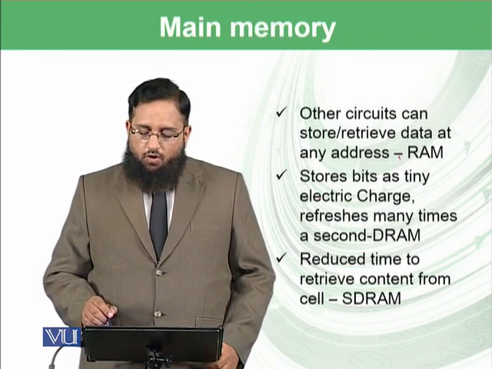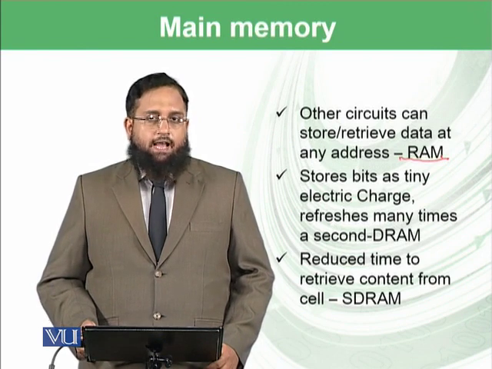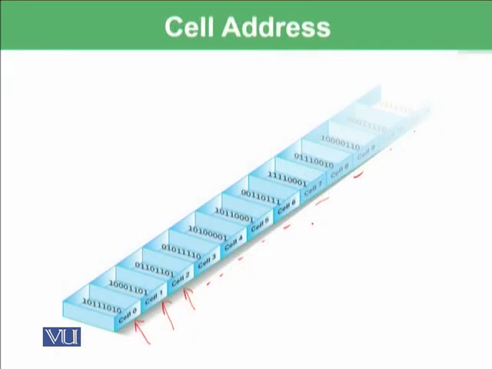That's why we call it random access memory. Access means you have access to all cells here. If you want to store data into a cell, you can straight away save it in that location. Such saving or retrieving of data is known as random access.